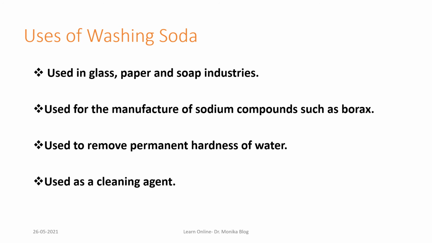Washing soda is used in glass, paper and soap industries. It is also used for the manufacture of sodium compounds such as borax. It is used to remove permanent hardness of water, and lastly it is used as a cleaning agent also.